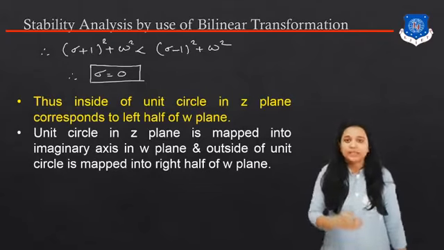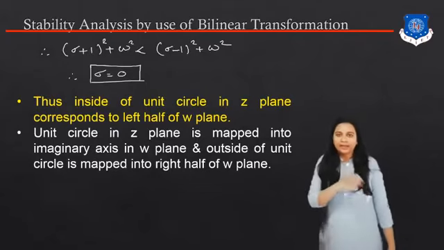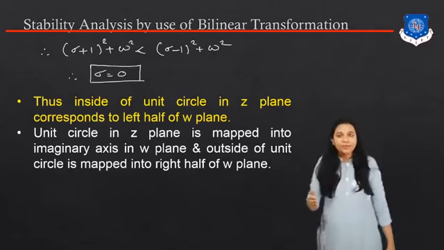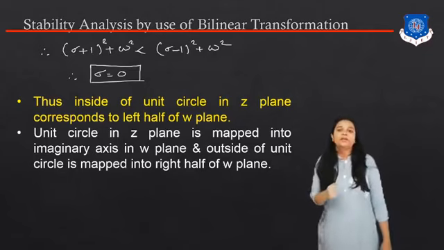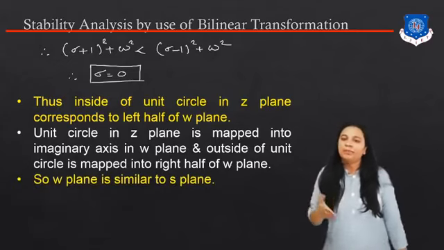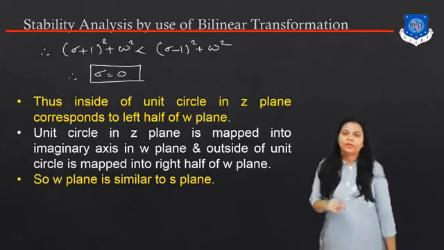It indicates that if roots are located in the right half plane, the system is outside of the unit circle and becomes an unstable system. So the W plane is similar to the S plane. Clear?